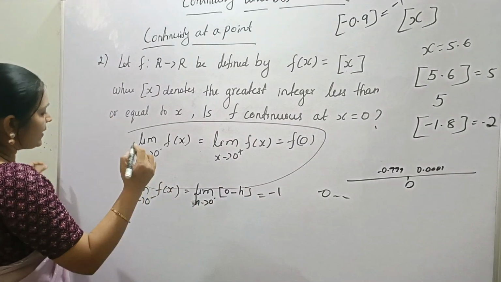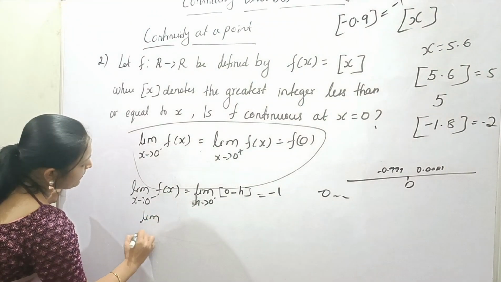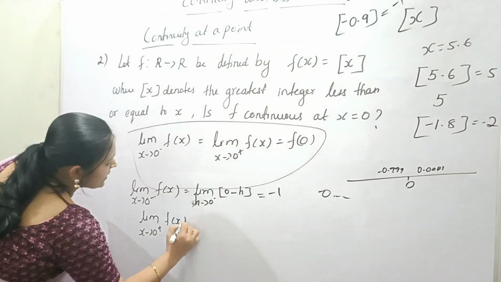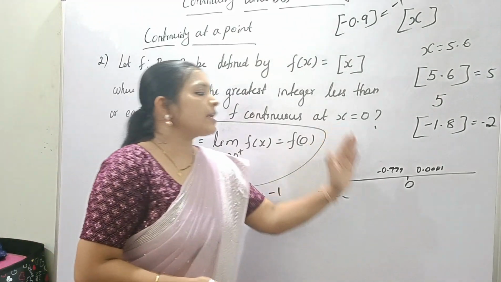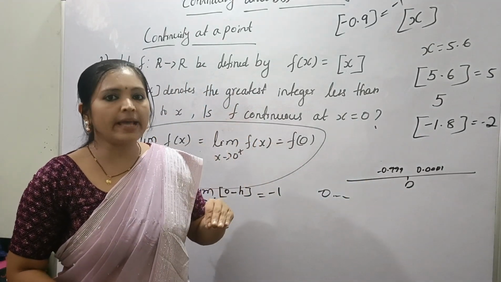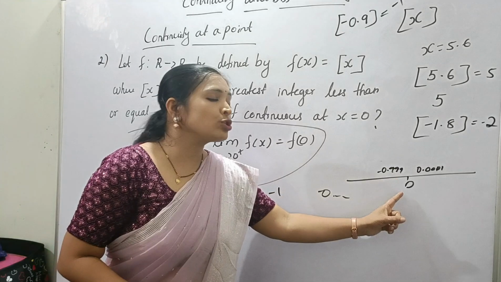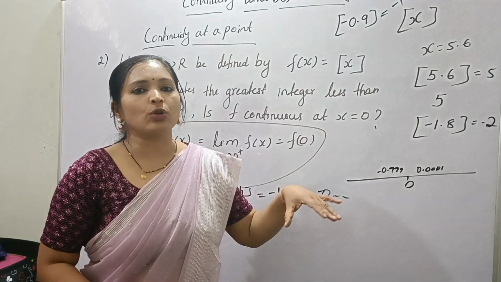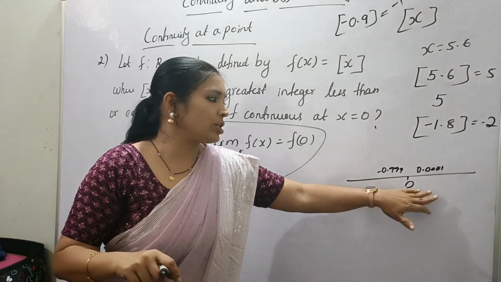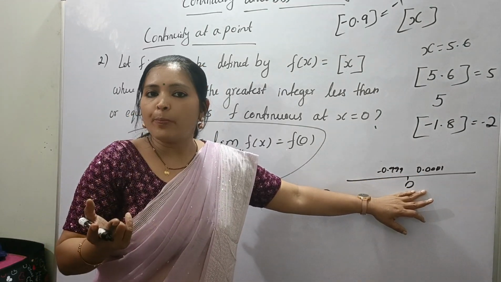Next, limit x tends to 0 plus f of x. Here 0 plus means x is very close to 0 but greater than 0, that is approaching 0 from the right of 0. That means it will be positive.